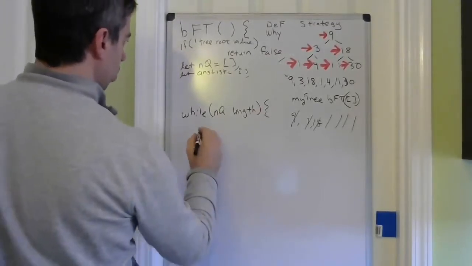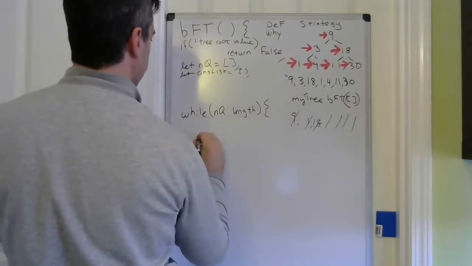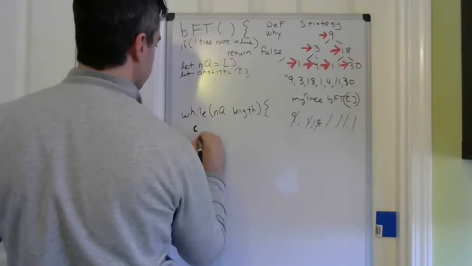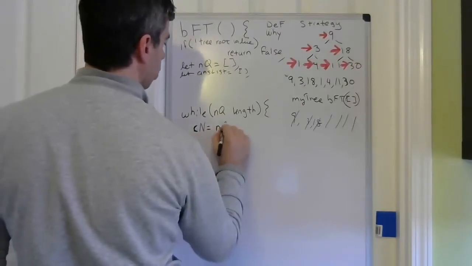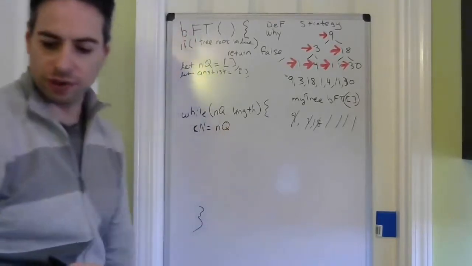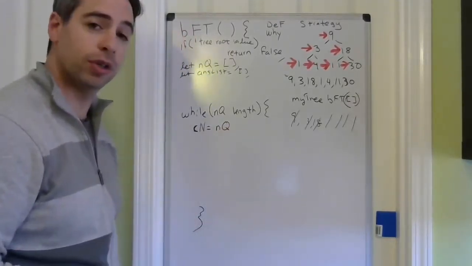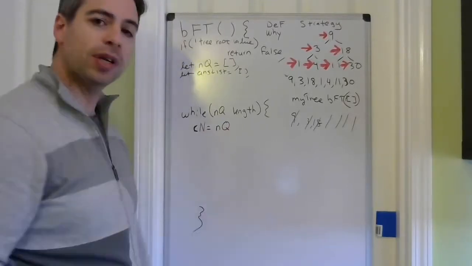So what would we do if we have something in here? We would probably say current node, like cn, is equal to node q. What's the method for taking a piece of data off of a queue? It's dq, assuming that you've got that method written.